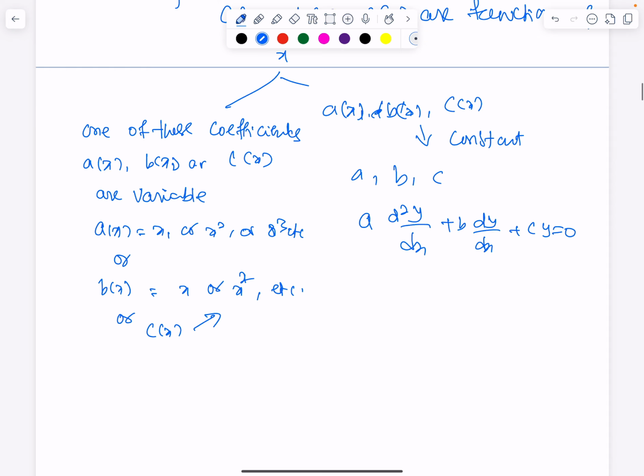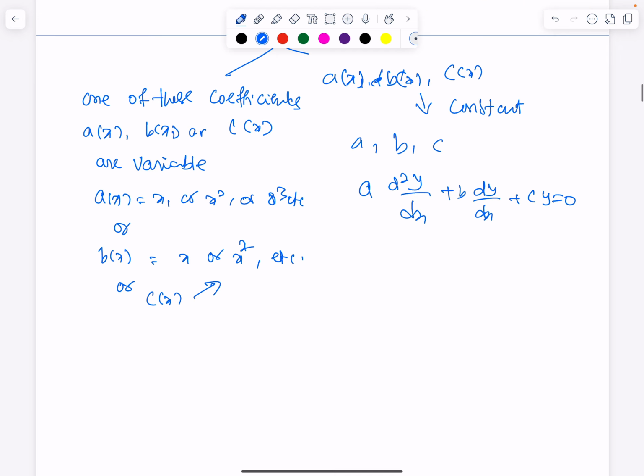So if one of them is a non-constant, there are many possible functions, you can say that the differential equation is variable coefficients. Since our independent variable is x, it is varying. That is the reason we refer to it as variable coefficients.